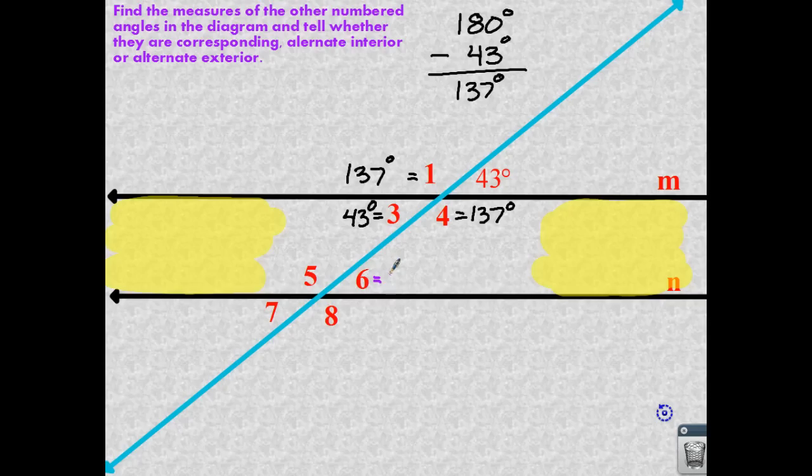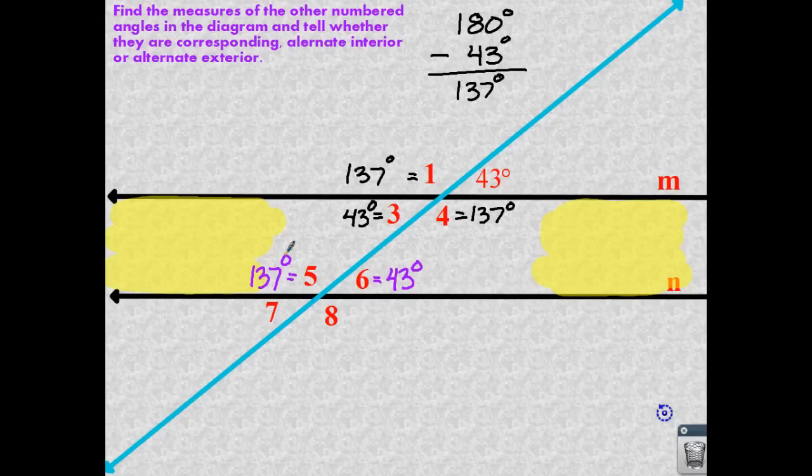So by rule, I know that that would have to be 43 degrees. And the same goes for angle 4. If I have the alternating interior angles, angle 4 being 137, that means angle 5 must also be 137 degrees.